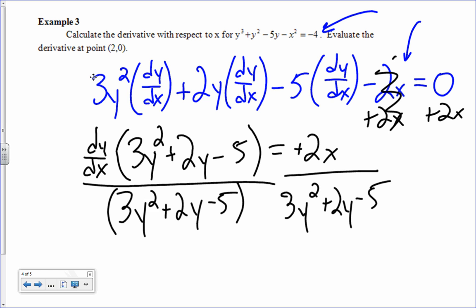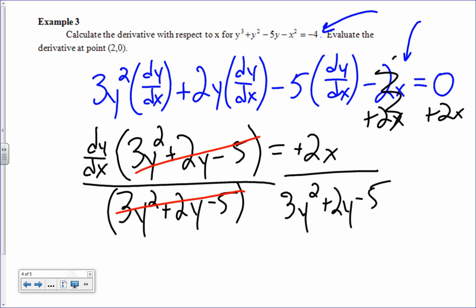Who said we can't do that? Because I just did. Because 3y squared plus 2y minus 5 over 3y squared plus 2y minus 5 is 1. It's a weird form, but it is. There's your derivative: 2x over 3y squared plus 2y minus 5.